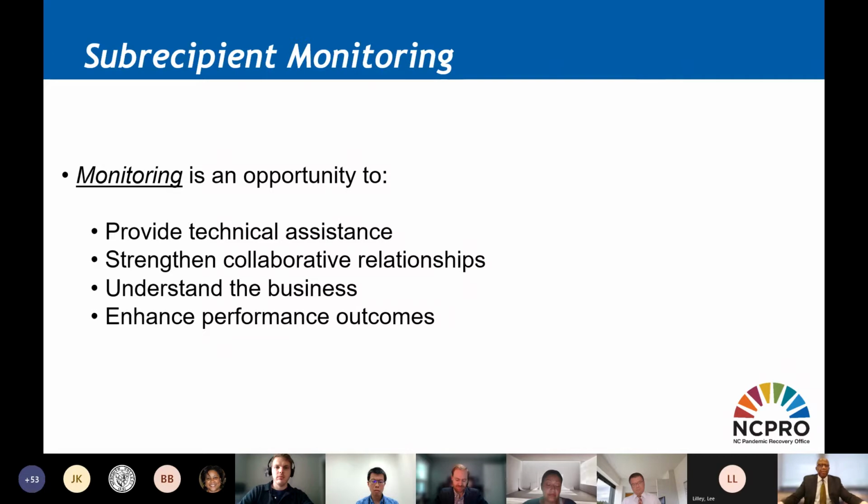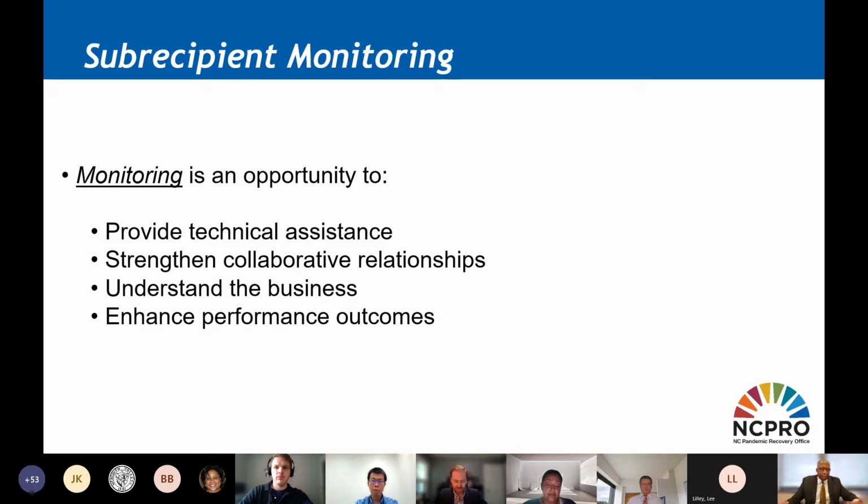It's an opportunity for all of us to understand the business of the subrecipient, and to do a better job of understanding the business that we're trying to implement or enhance those operations.